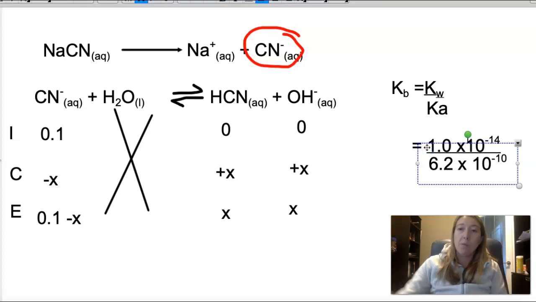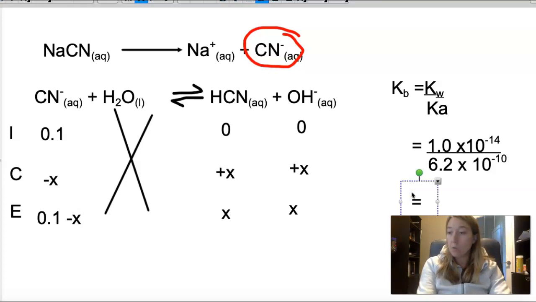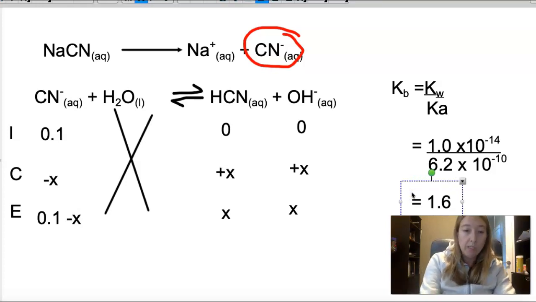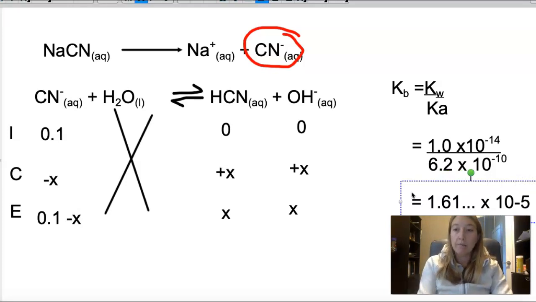From here we can figure out what our Kb is going to be. Our Kb is going to equal 1.61, that's going to keep going, times 10 to the negative 5.